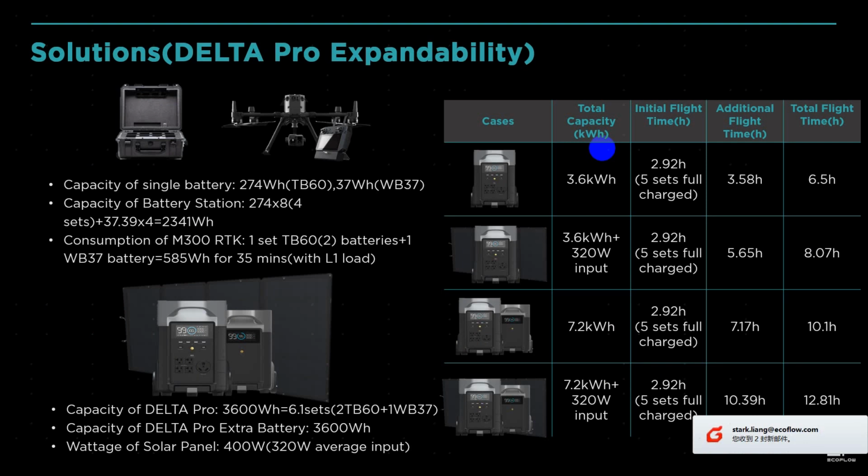If you use one Delta Pro with a solar panel, it can support 8.07 hours. If you use Delta Pro and its extra battery, the total flight time is 10.1 hours. Using Delta Pro, extra battery and solar panel, the total flight time is up to 12.81 hours.